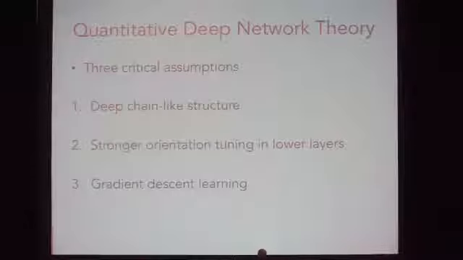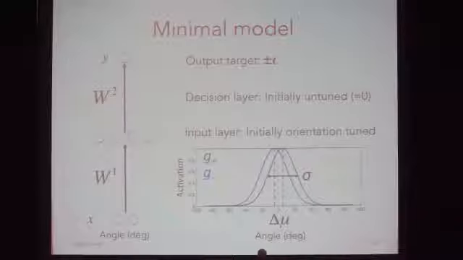All right, how will we build a deep network theory of this? Well, I'm just going to instantiate three basic assumptions. The first is deep chain-like structure. The second is stronger orientation tuning in lower layers. That's an assumption about the initialization, which we've seen can be very important. And then the third is gradient descent learning. A minimal model will look something like this.